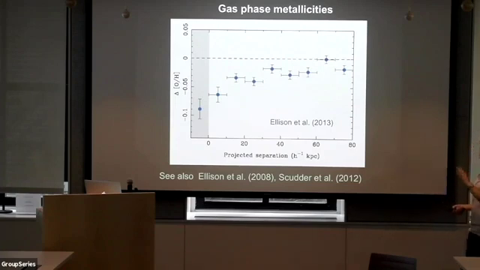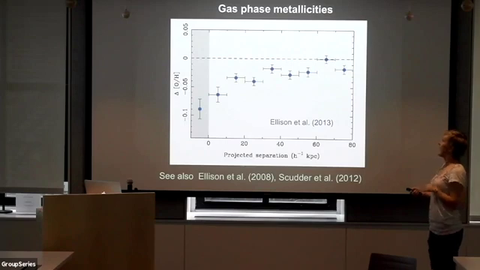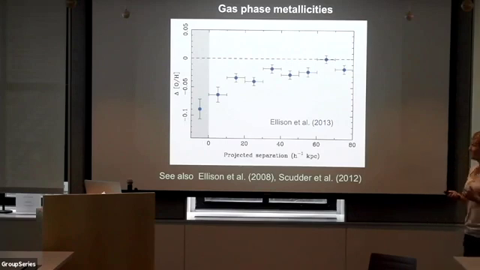So again, using the Sloan fiber spectroscopy, which is probing the inner few kpc of the galaxy, we can measure the gas phase oxygen abundance to test this prediction. And it seems to follow what we expect from the simulations, which is that we have diluted metallicity.